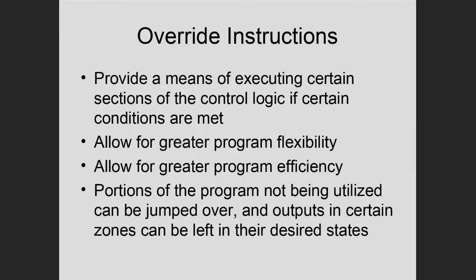Kind of like the function chart programming we talked about the other week, you can activate certain parts of the program and skip over other parts, which makes the program a little bit more efficient. Because you don't have to run all parts of the program, it increases the efficiency.